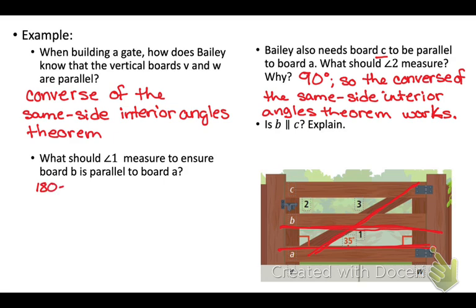So it makes a line. Because they are supplementary. Because they're what location of each other? Same side interior. Angle 1 and 35 are same side interior of A and B, aren't they?